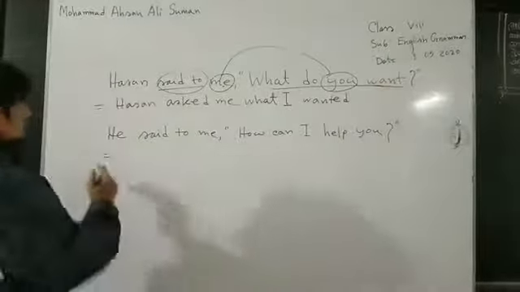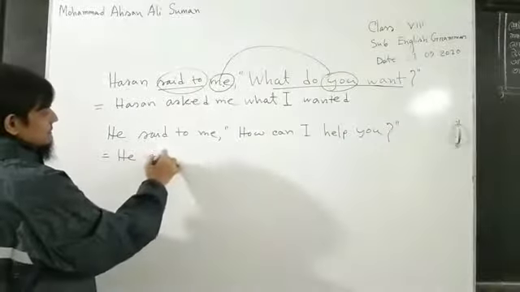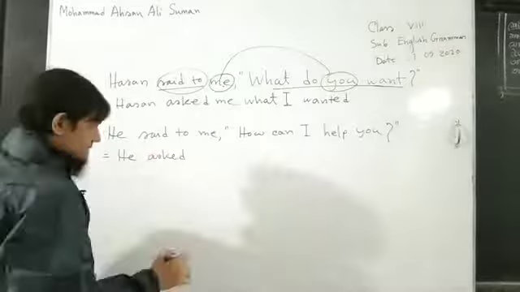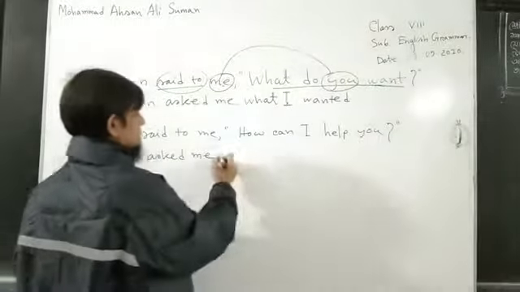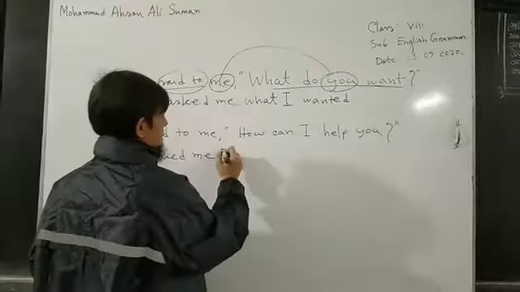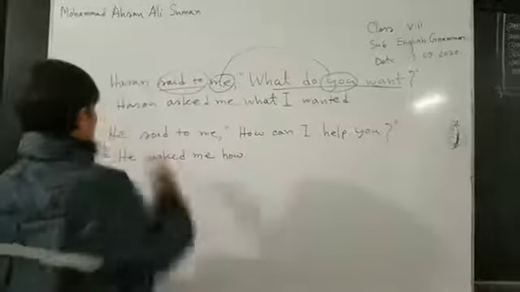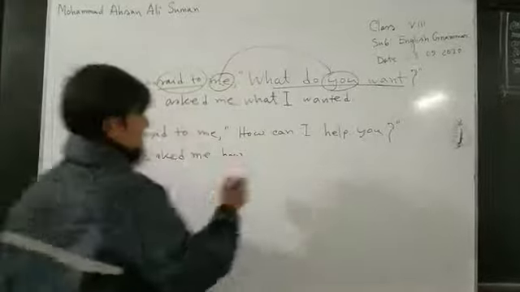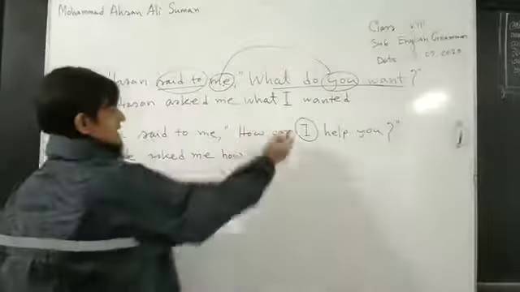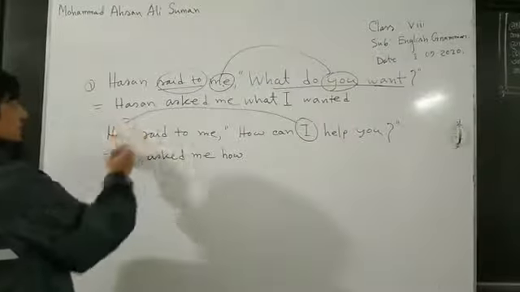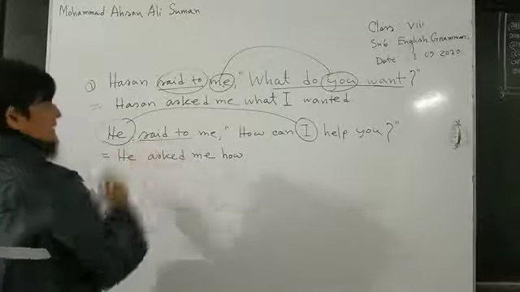The second one: He asked me, the same sentence as the first example, how can I help you? I is the first person and it will be changed according to the subject of the reporting verb, he.